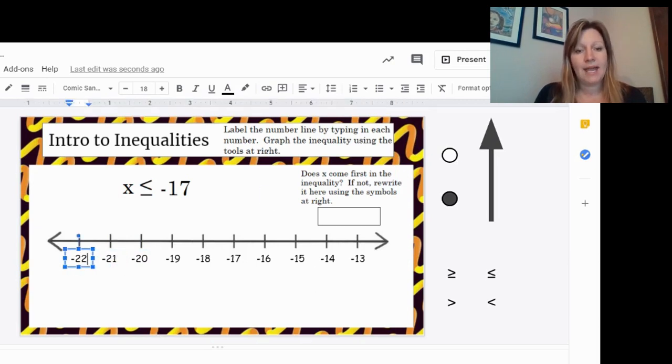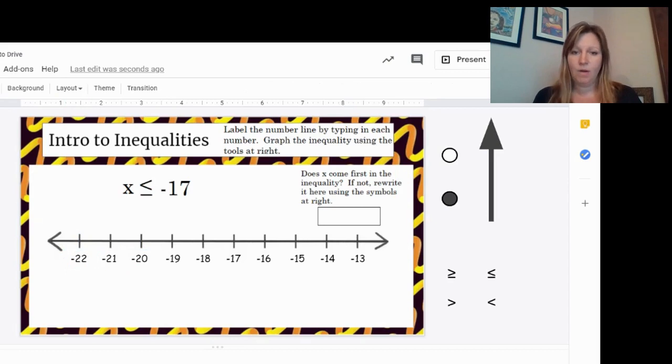Okay, then we need to go ahead and graph our inequality. This is a less than symbol, so x is less than or equal to negative 17. So you have to ask yourself, am I going to use an open circle or a closed circle?